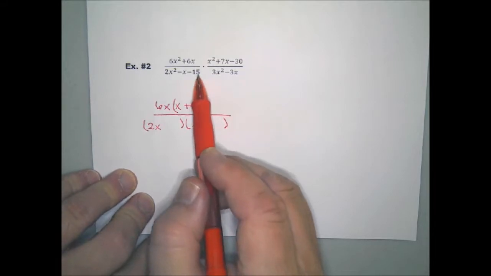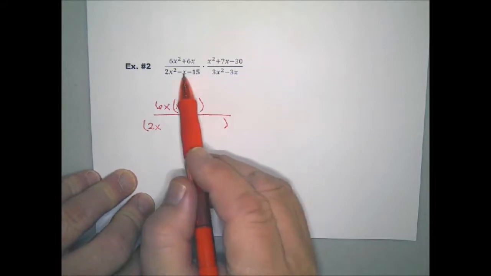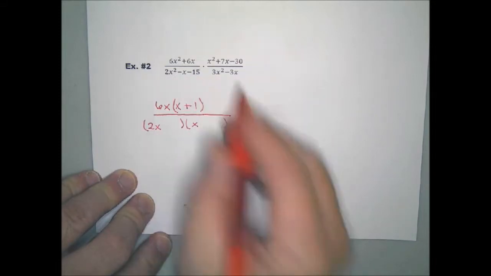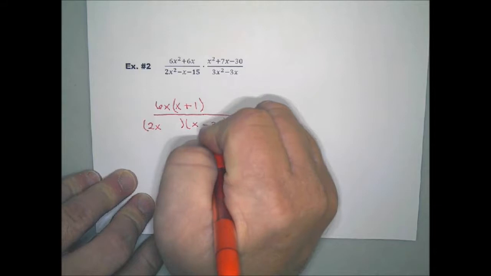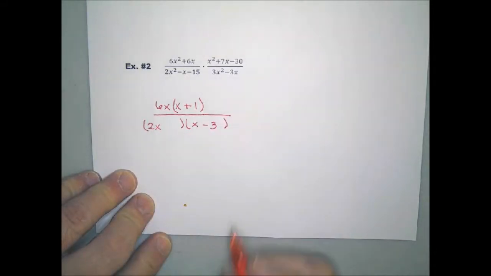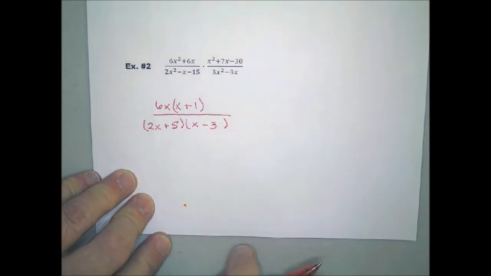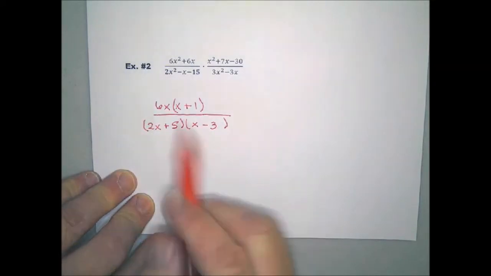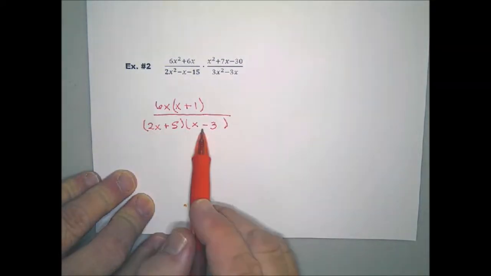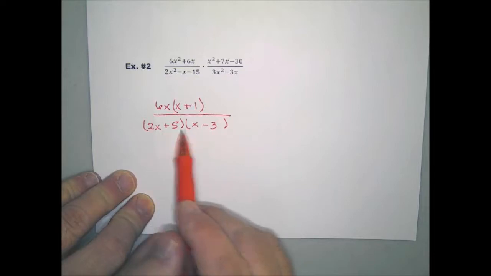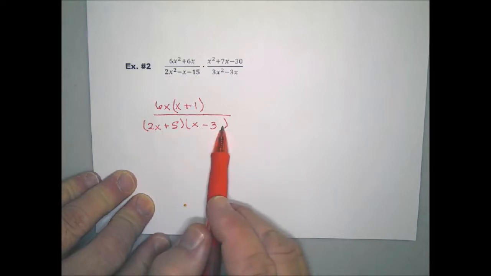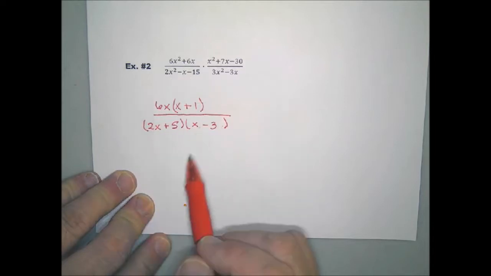Let's go with the 3 and 5 first, but I've got to get a negative 1 right here. So the only way that's going to happen is if I put a minus 3 right there and a plus 5 right there. Now if you do your FOIL, you're going to see that 2x plus 5 multiplied by x minus 3 does give you 2x squared minus x minus 15.